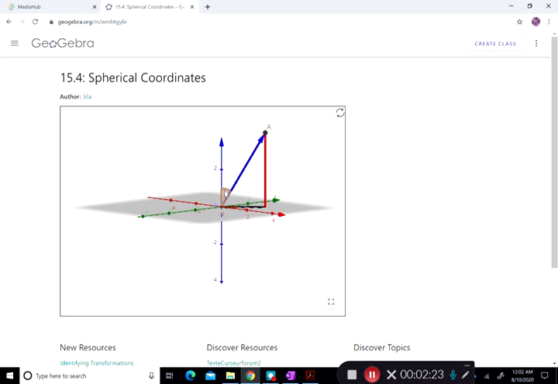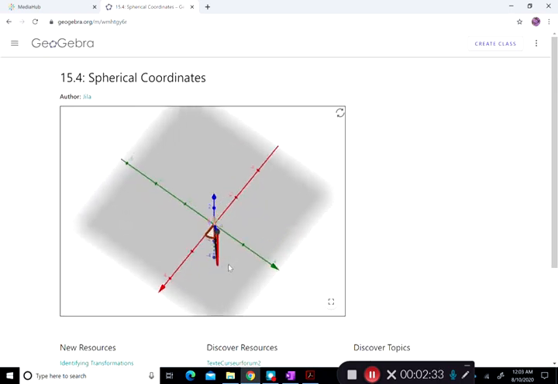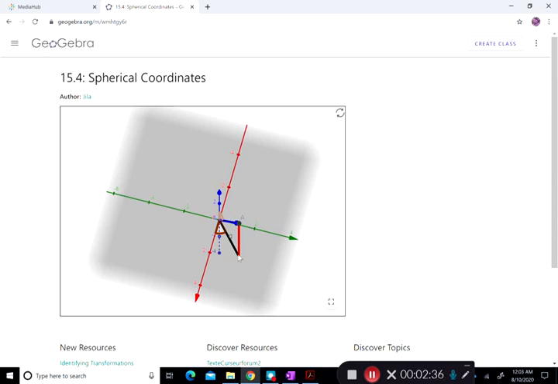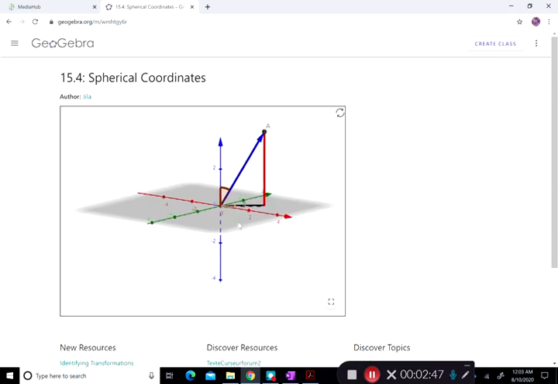This angle is the angle phi. And then you drop down a perpendicular which hits the xy plane. That point down there is the reflection of A, and then you connect that point to the origin and you get angle theta. This distance between A and O is rho.